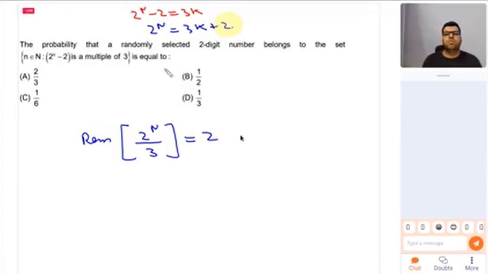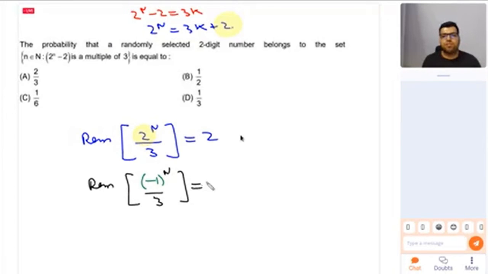So let us use our remainder properties. I will replace 2 with minus 1, because the remainder with 3 is 2, but we will write the negative remainder minus 1. Minus 1 raised to power n, divided by 3, should be equal to 2.